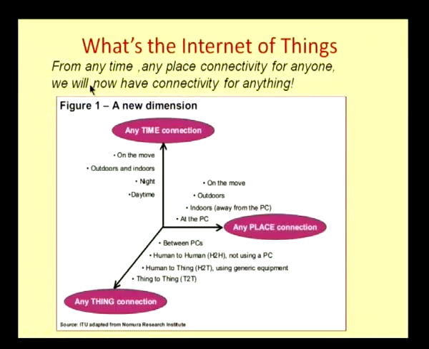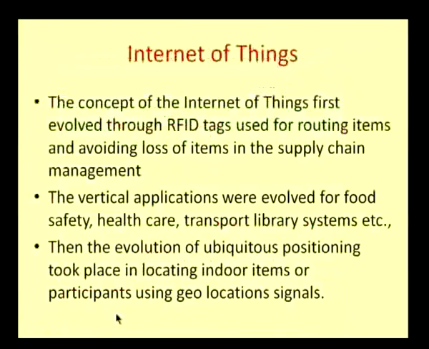And what is the Internet of Things? From any time, any place, connectivity for anyone. We will have the connectivity for anything. So, the actual dimension, if you see, anytime connection, any place connection, anything connection. This is what the Internet of Things is.